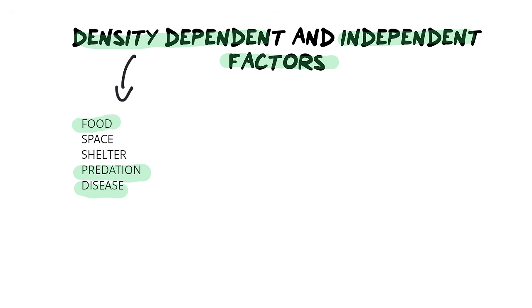On the other hand, we have density independent factors. Now, these are factors that are not linked to the size of the population, and they are rather linked to natural phenomenon. And the two main ones are climate and natural disasters. So sort of think of it like this. It doesn't matter how many individuals there are in a population.